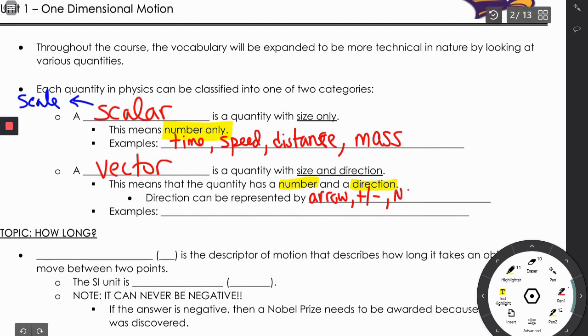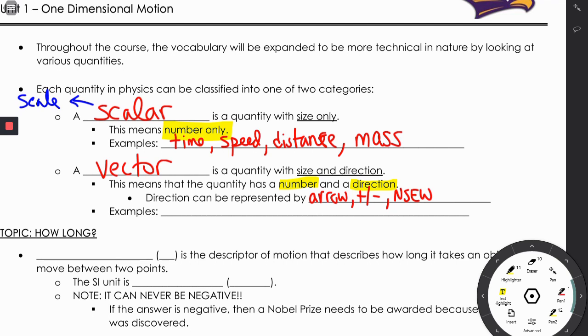You can talk about it in compass directions: north, south, east, west. You can say northeast, northwest, southeast, southwest. Even those weird ones like east-northeast, east-southeast. Remember, northeast, northwest, southeast, southwest cut the planes into halves. Those are 45s. Those weird ones like east-southeast, east-northeast, south-southeast are your 30s and 60s.